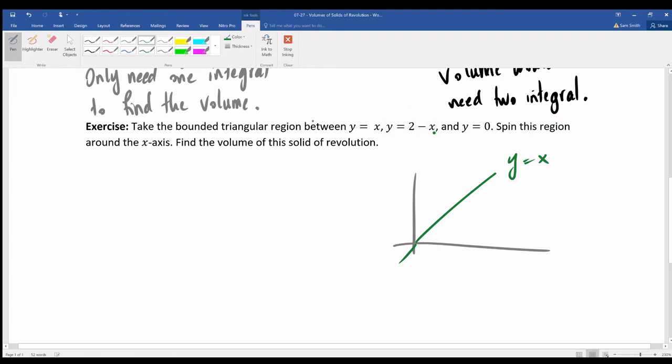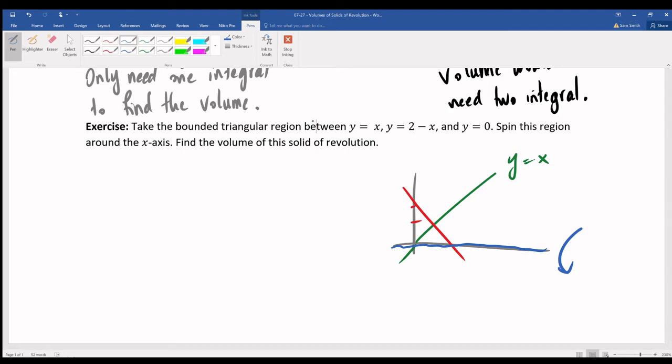Here is our linear decreasing function, 2 minus x, and y equals 0 is on the bottom. So we're spinning this around the x-axis. So find the volume of this solid of revolution.